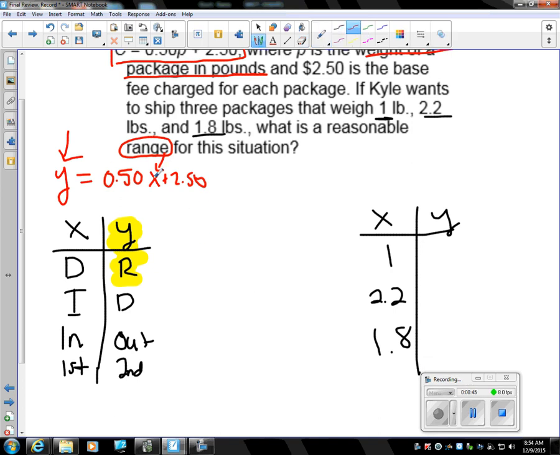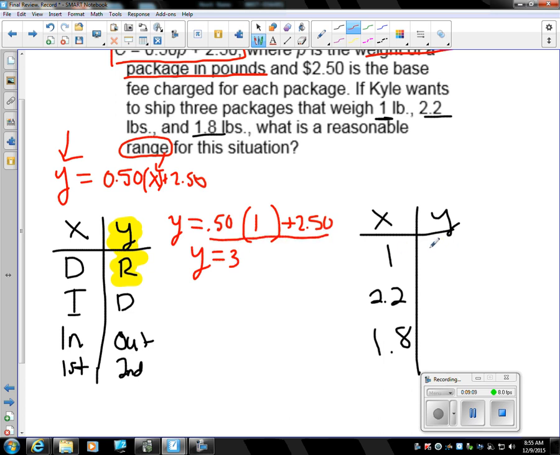Okay, so my equation is here. Let me plug in my first X value. Y equals 0.50 times, my first X value is 1, so instead of putting X right here, I'm going to put 1, plus 250. Okay? That gives me a Y value of 3 when I plug this into my calculator.